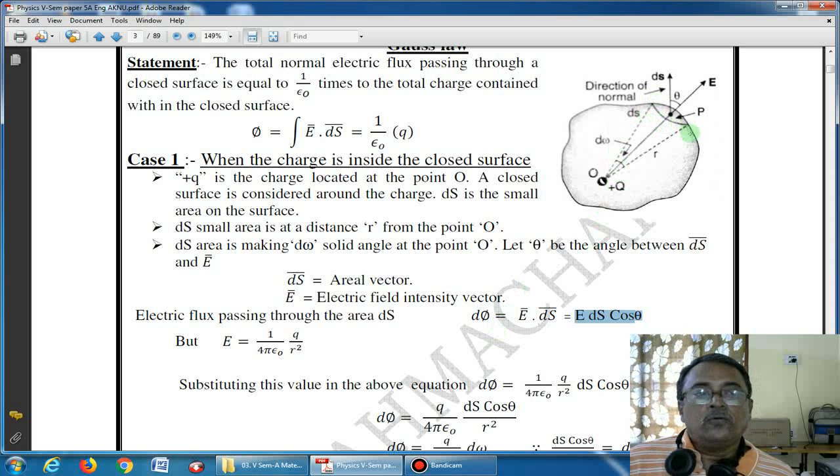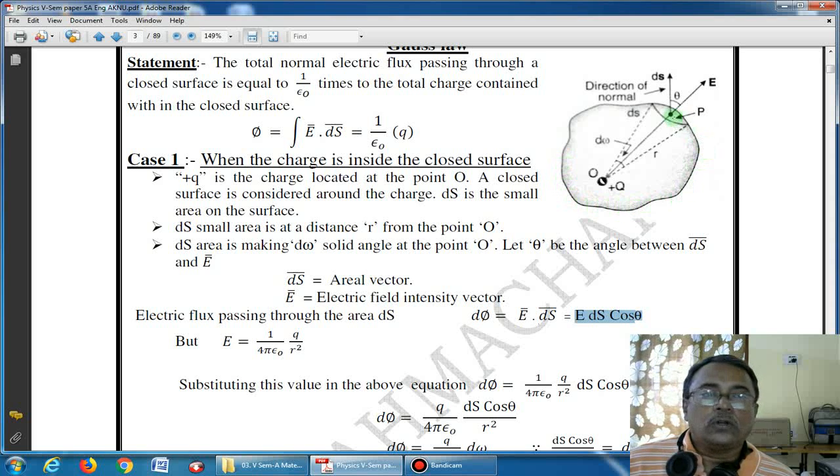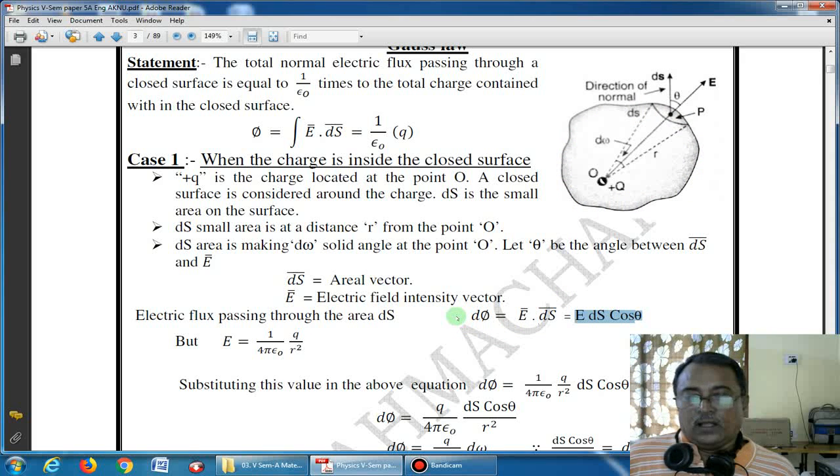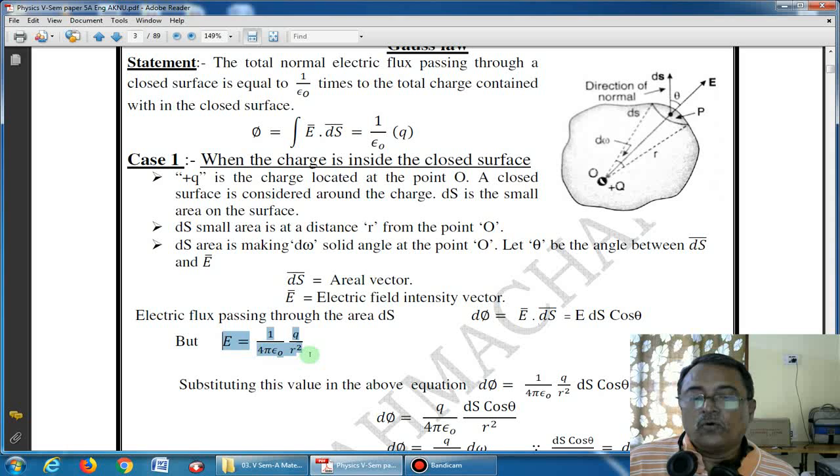Then we have to find out what is the total normal electric flux that is passing out through the total area. Then this d phi has to be integrated. Coming to E, electric field intensity, the equation is known to us. E equal to 1 by 4 pi epsilon naught into q by r square.